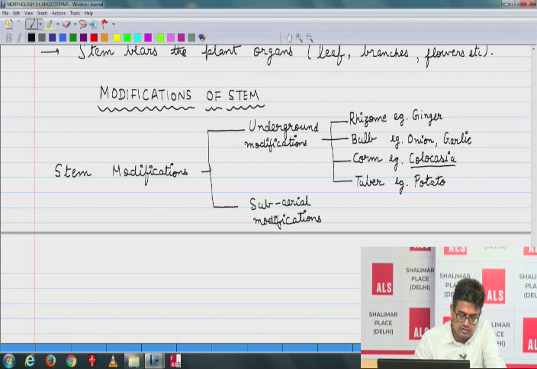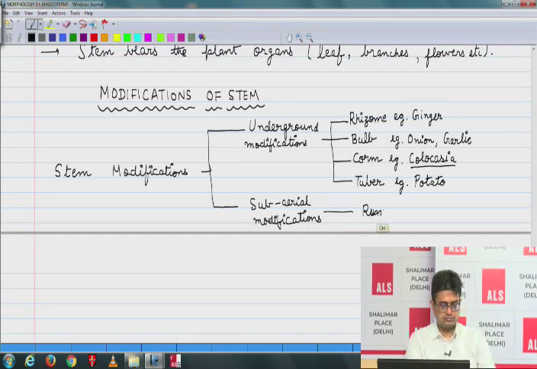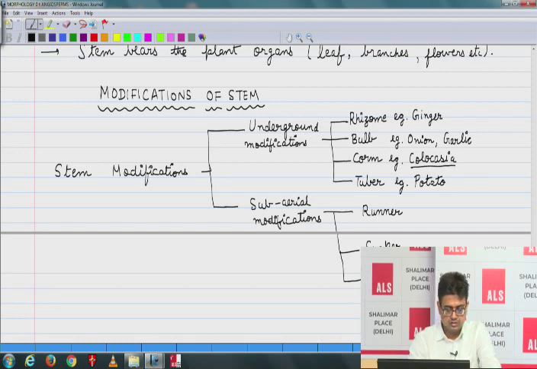Then there is runner, sucker, stolon, offset. I have some space constriction here, so I'm just continuing it downwards. Runner, sucker, then there is stolon, and then there is offset.